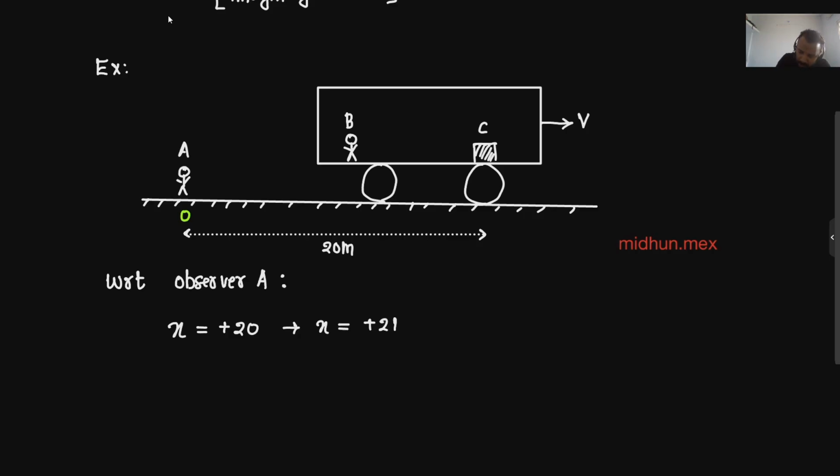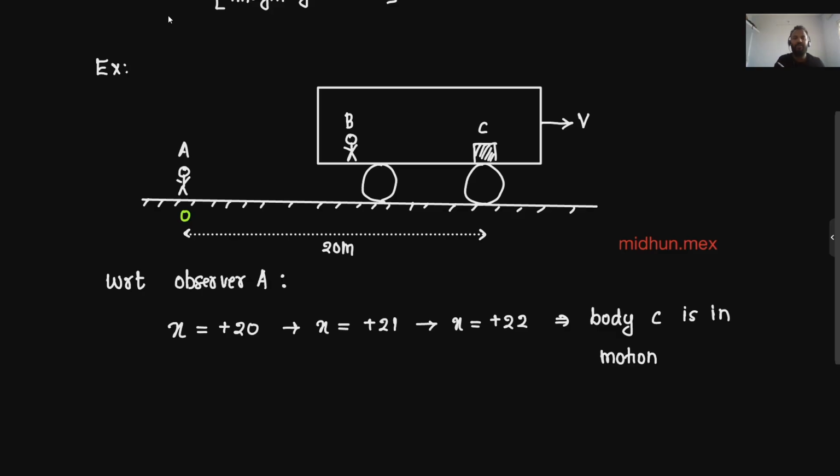Next moment the bus is moving away, X will go to plus 22. Likewise, the position will change. When this change in position happens, we will say the body C is in motion.